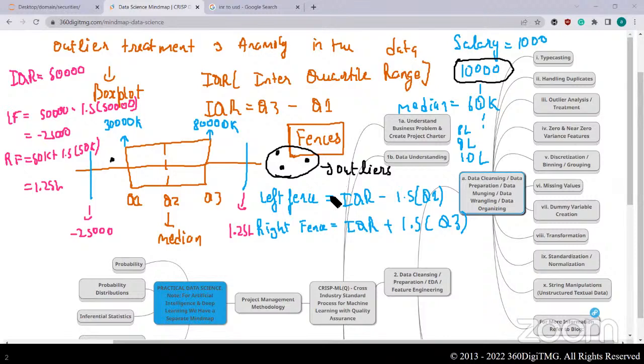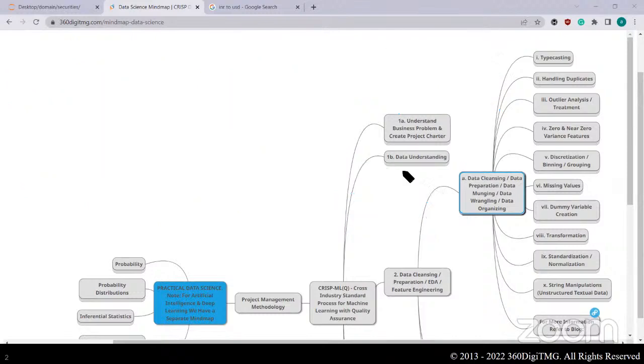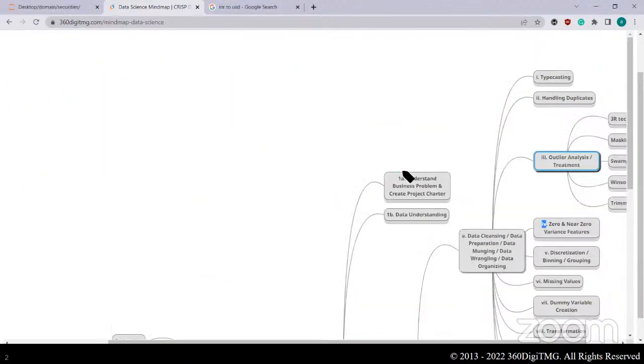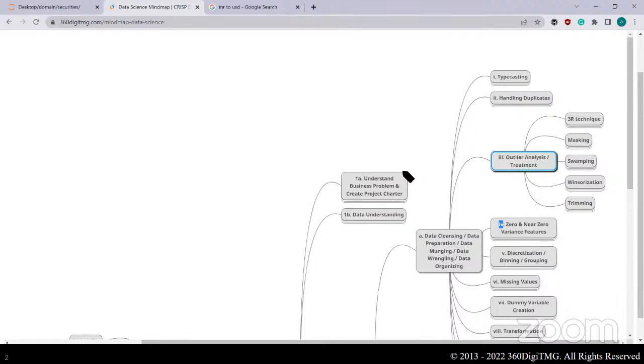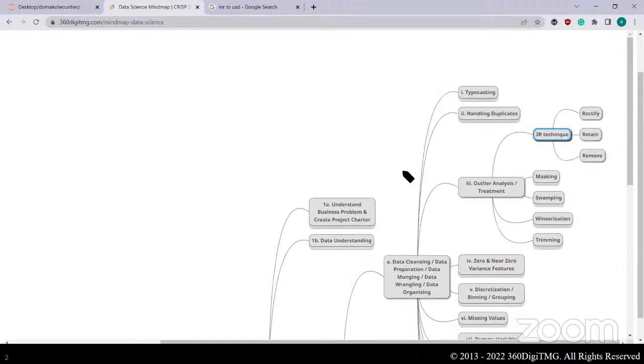Now, once you have found the outliers, you also have to treat these outliers. So treating these outliers is also an important process. Let's take a look at it. You have Winsorization and trimming. First you take a look at this 3R technique. You either rectify the outliers, that means you correct the outliers. You can retain the outliers.